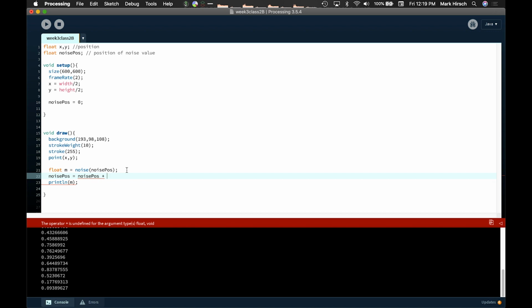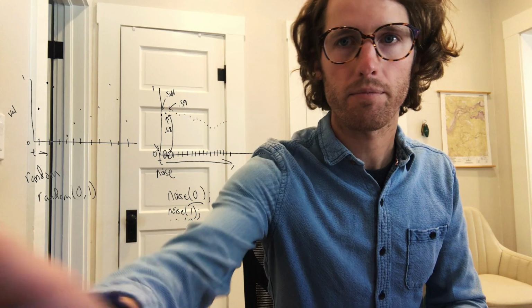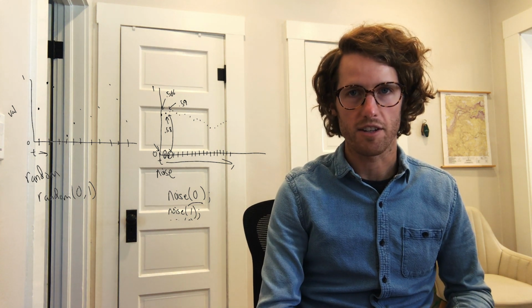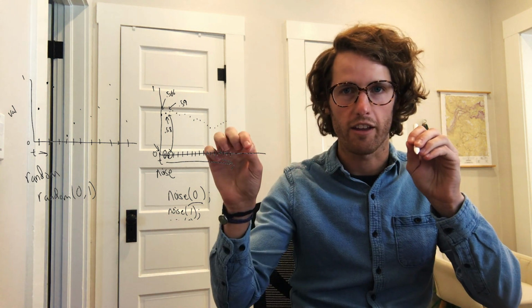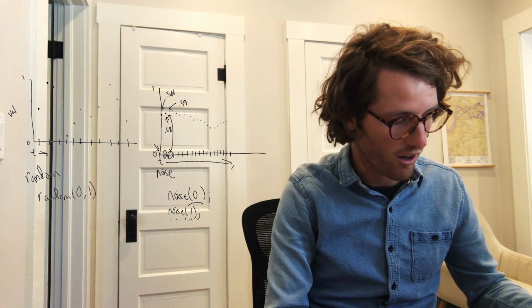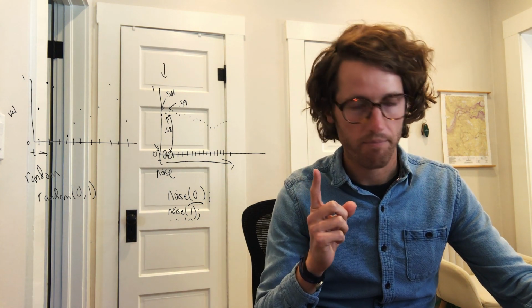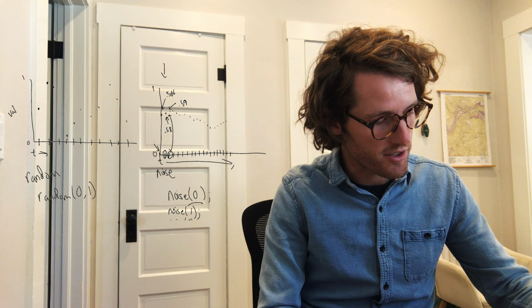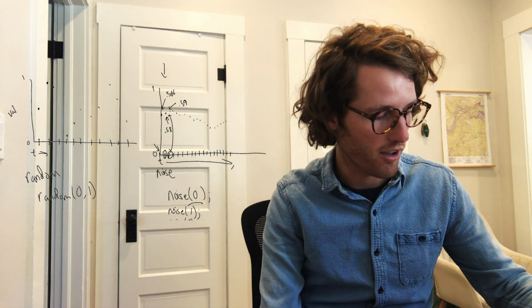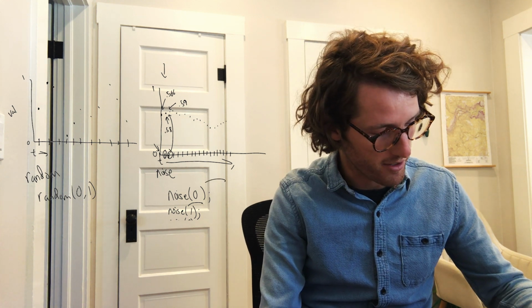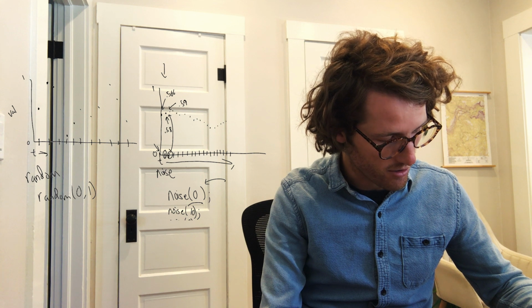The larger we increase noisePos by, the further along the line we have traveled. Let's take a look at this again. So the bigger we increase it by each time, the further along that line we'll have gotten. In this case, we saw that we increased noise by 1 each time, and so we were getting numbers that were pretty close to each other. You can imagine, what if we increased noise by 10? So if we went from 0 to 10, to 20.